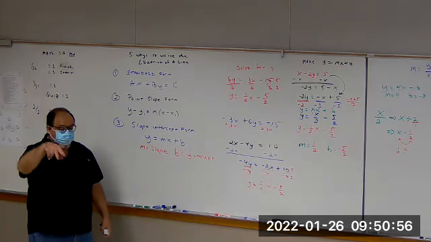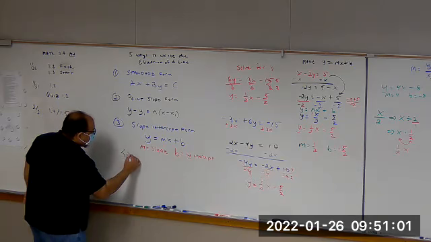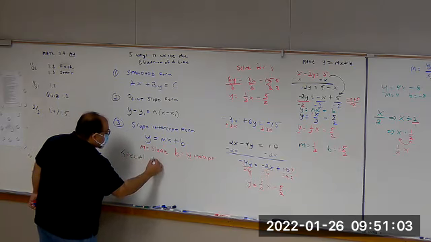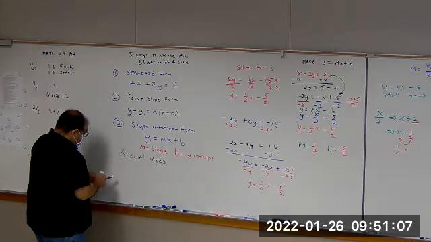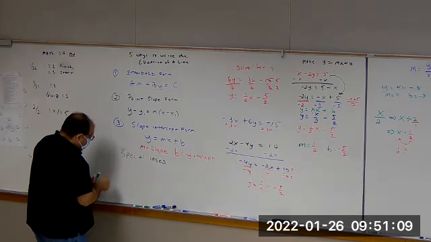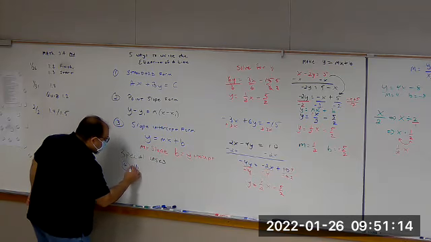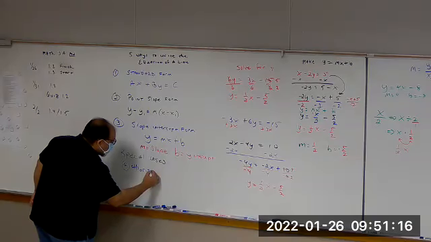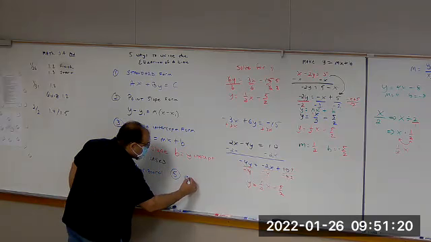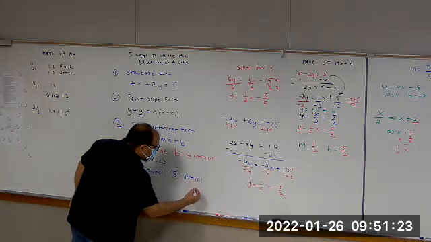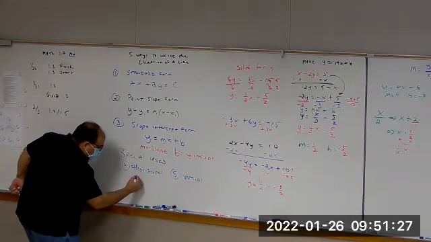All right. And then our 2 special cases. We have horizontal. And we have vertical. Slope on horizontal is 0.